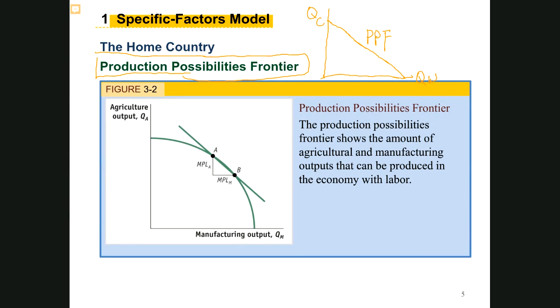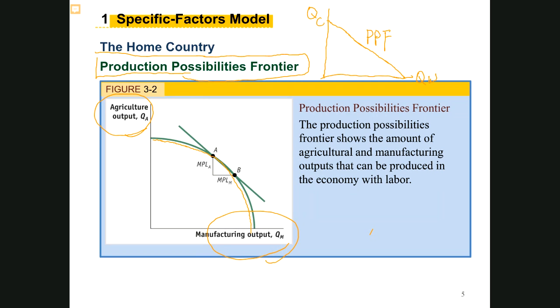So the vertical axis and the horizontal axis are the same. The only difference is the assumption on returns to scale. If diminishing returns is the assumption we are looking at, that means my production possibility frontier will be a curve, concave to the origin, like this.